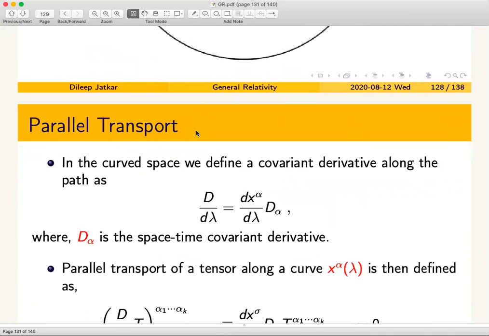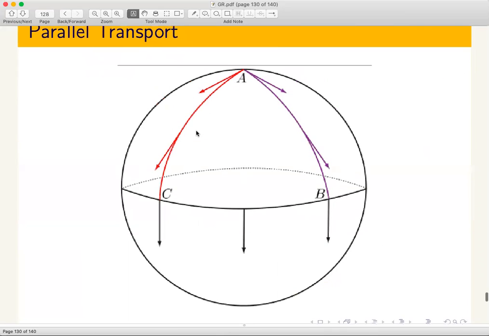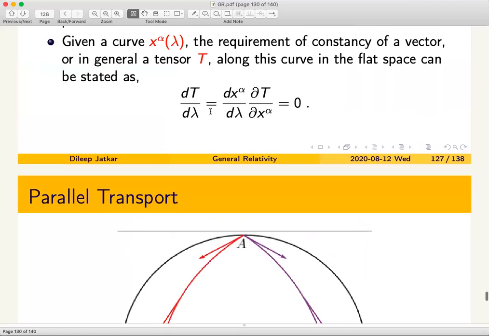Now remember that this expression has the following feature: while this statement says that the tensor is held fixed under this procedure of following it along a particular curve which is parameterized by lambda, when you write it in this particular form, this expression is not covariant or not of tensorial form.